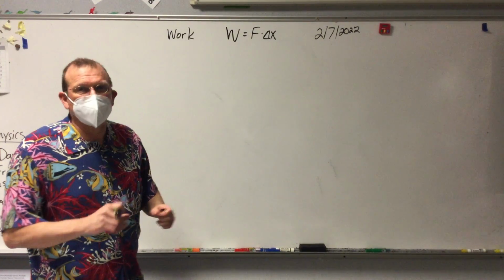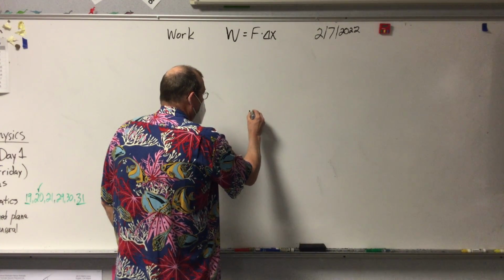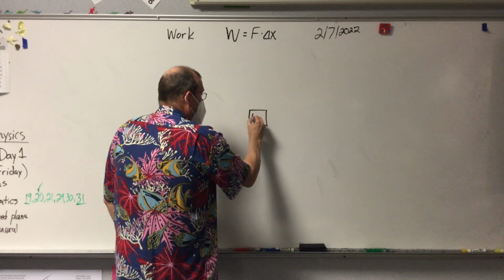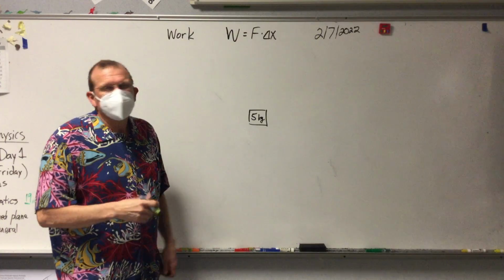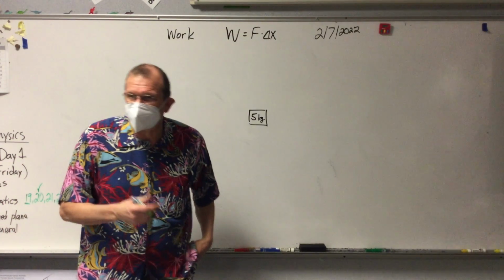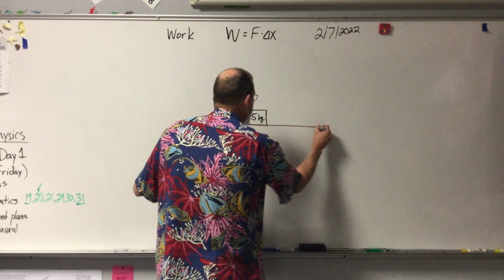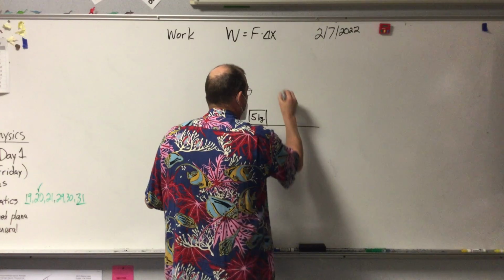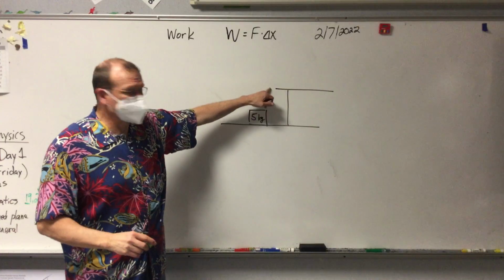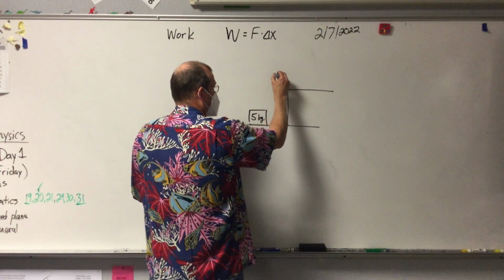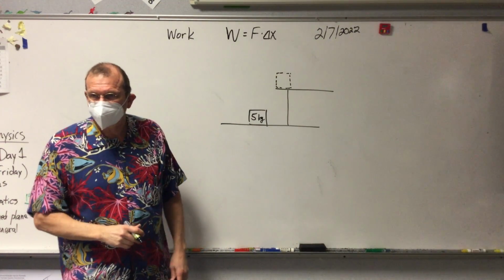So let's start with an example we're just going to make up. Let's say I have an object that is 5 kilograms, which is about 11 pounds. So let's say it's like a box of books. And what I want to do, here's a table. What I would like to do is just lift it up so I can set it on the table.